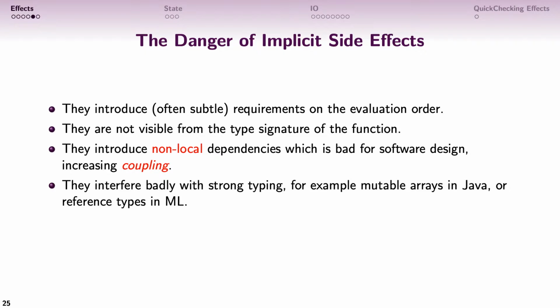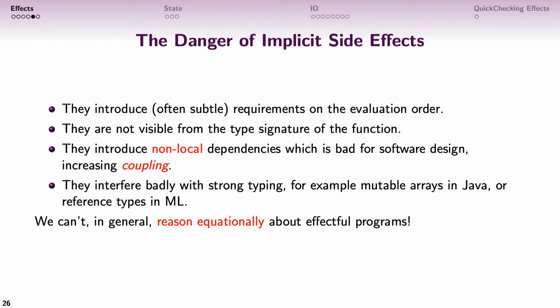So, in general, if we have effectful programs, things that can do things other than return a value, we can't just substitute the value they return for their body, which means that we can't reason equationally anymore. We just have to reason about states changing, as we do in many normal non-functional programming languages.